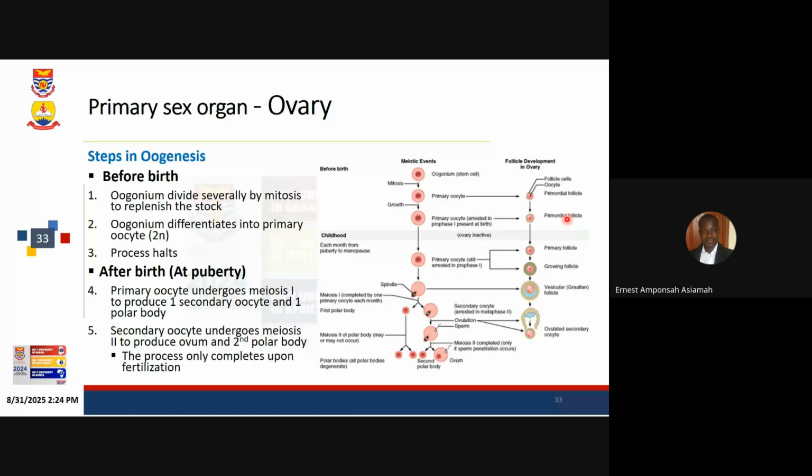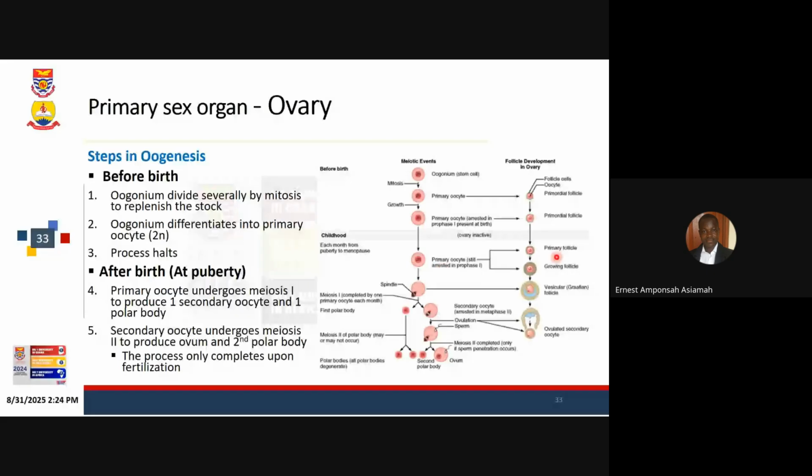Immediately they get to puberty, because during childhood there is no activity, the primordial follicles will transform into what we call the primary follicle. During the primary follicle stage, we still have the primary oocyte.